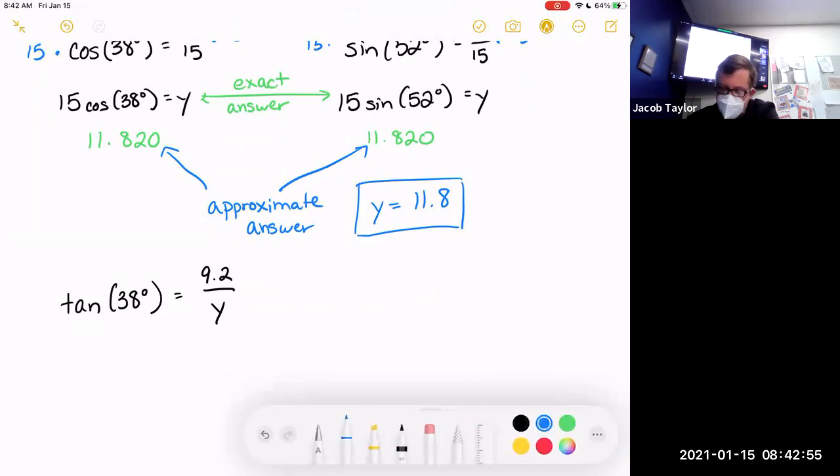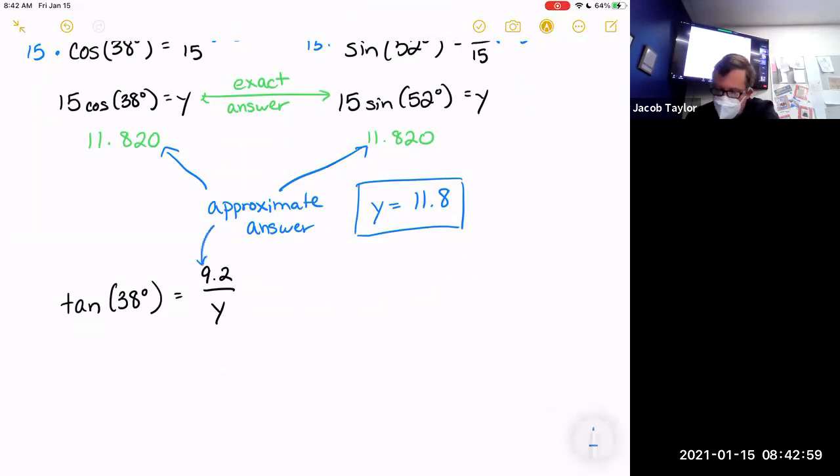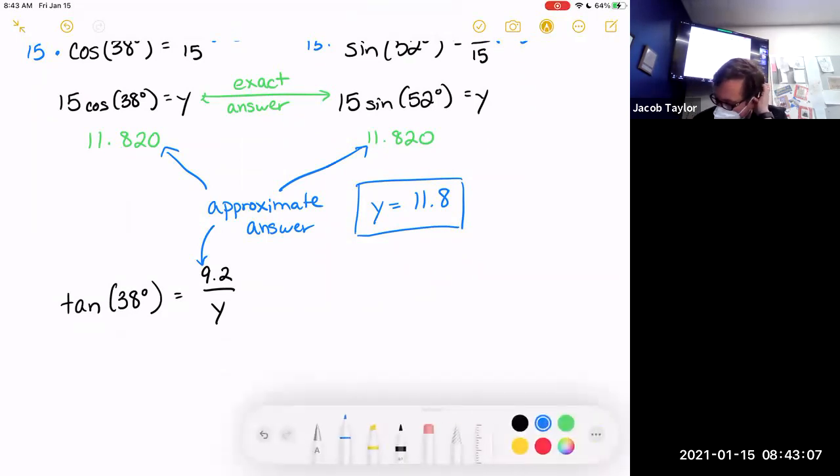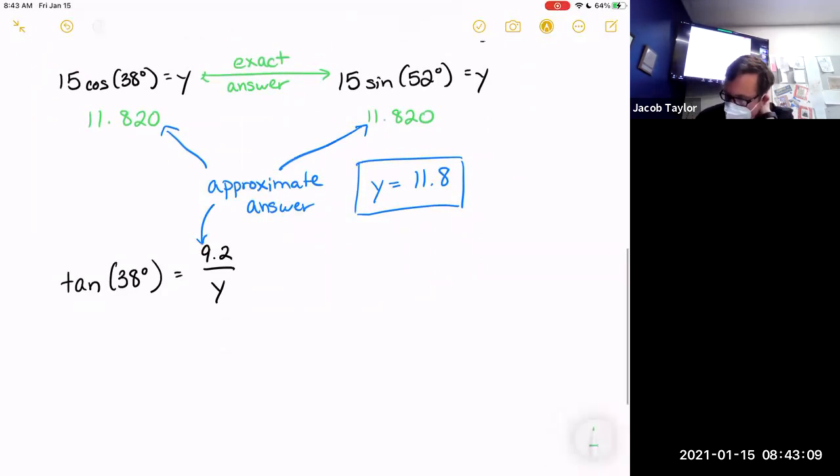First of all, our answer is not going to be perfect anyway because 9.2, remember, was an approximate answer. So we know our solution is going to be off by a little bit. But even more than that, the variable in the denominator makes things a little tricky because now I can't just multiply both sides by 9.2 and get the y by itself.